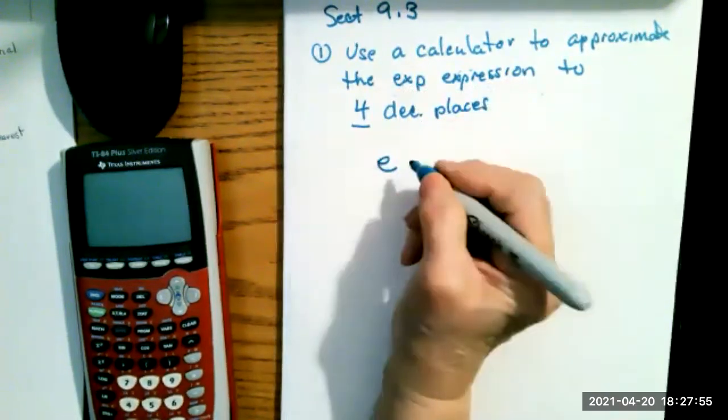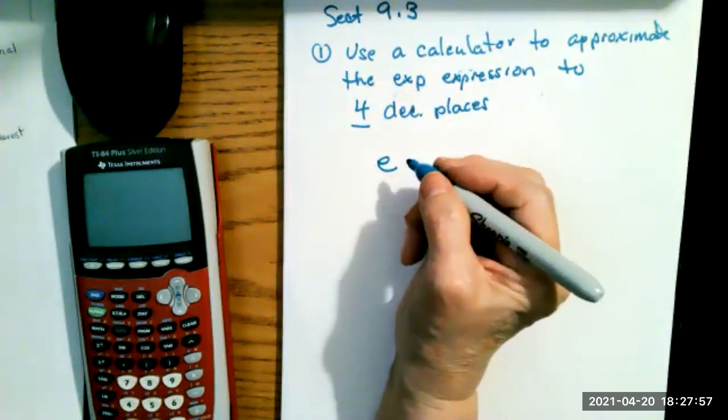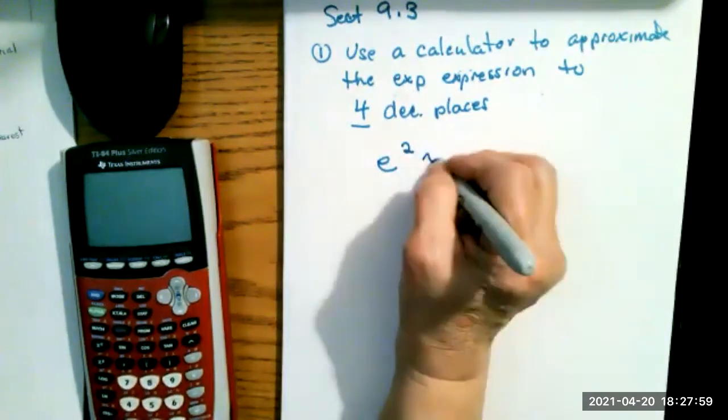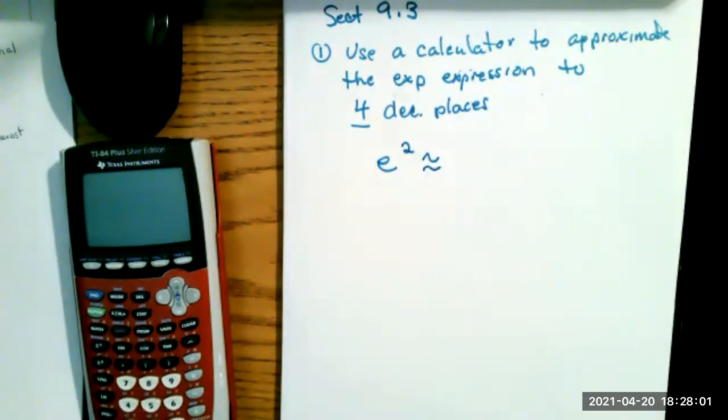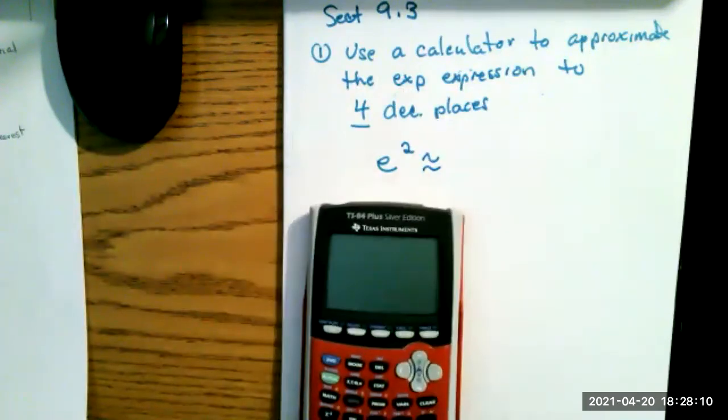And they want you to find e to the second. And these little squiggly lines mean approximately equal to. So take your calculator, find e, and put in a 2 there.